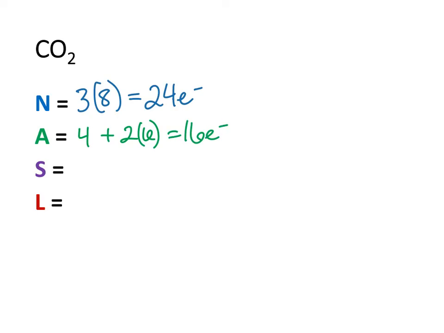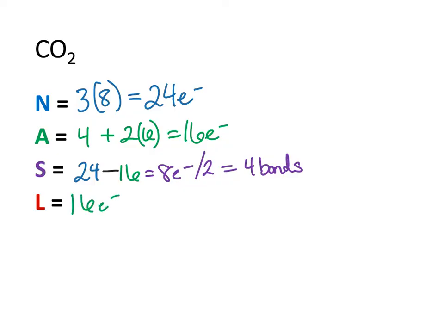My shared electrons will be equal to 24 minus 16, for a total of 8 shared electrons, or after dividing by 2, 4 bonds. For my lone pairs, I have 16 electrons minus 8 shared electrons for a total of 8 lone electrons.